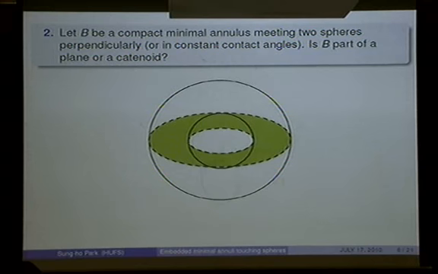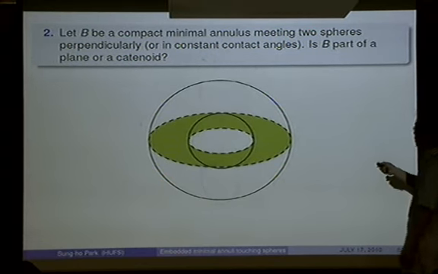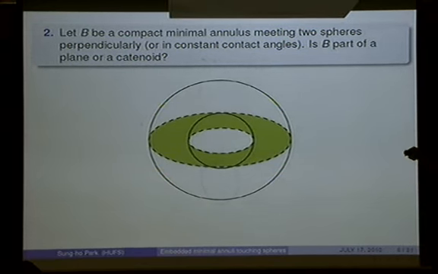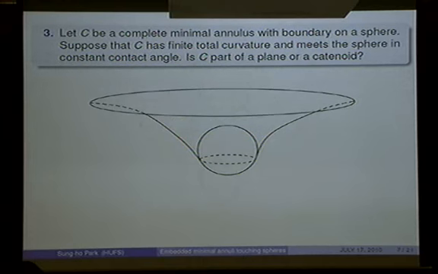In this case, I have two concentric spheres, and the dotted lines are gray circles, and the green piece is part of a plane meeting two spheres perpendicularly.